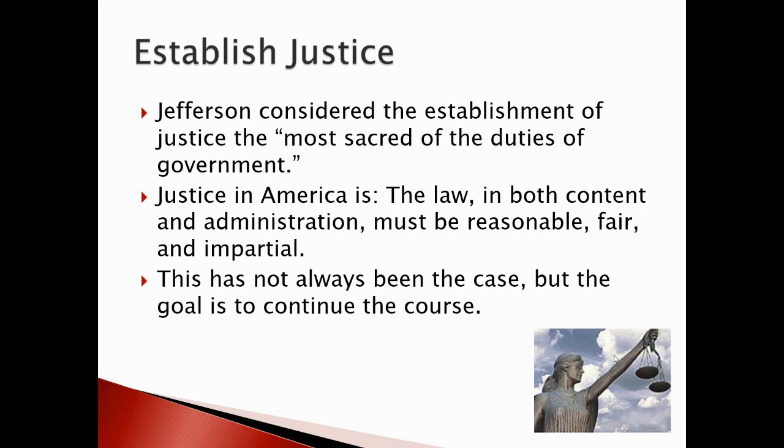So if we look at it from an American point of view, justice in America is the law in both content and administration, and it must be reasonable, fair, and impartial. Now, this hasn't always been the case, but the goal is to continue that particular course.